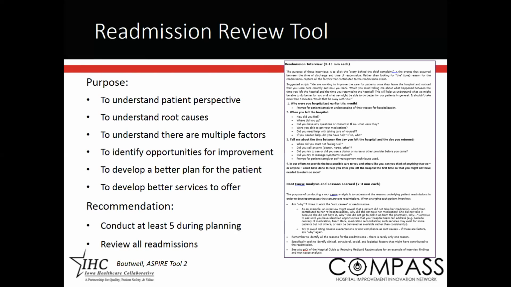And tell us a little bit, Sharon, what was the patient's experience of this? What was her understanding about why she needed to come back, and what was her experience needing to come back for this high lab value?